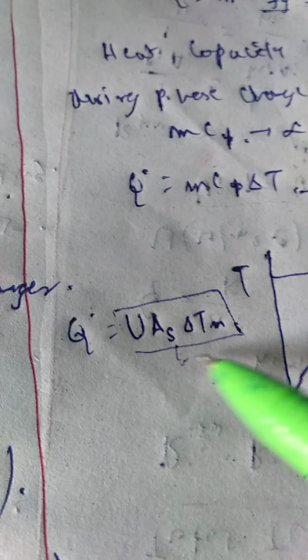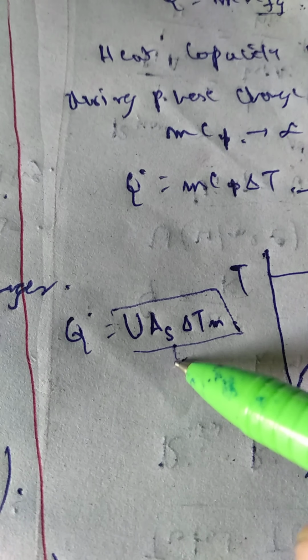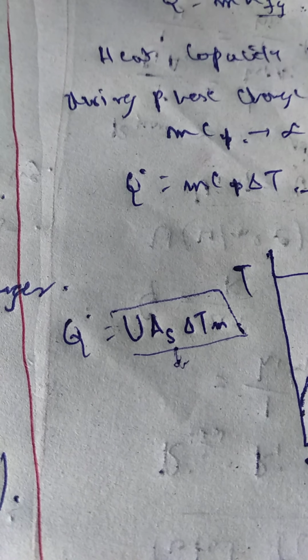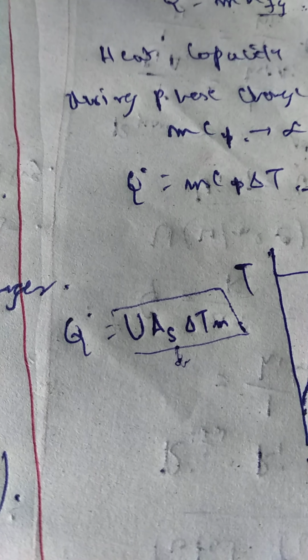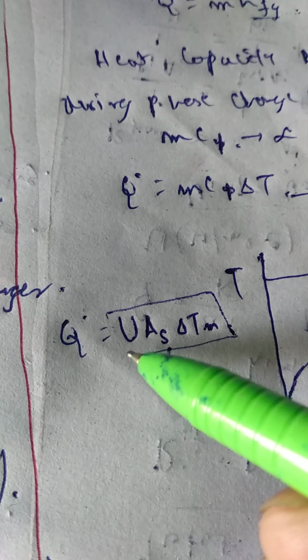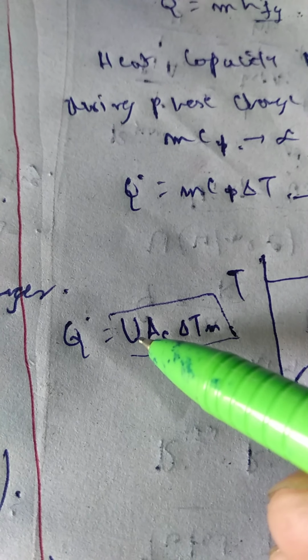This one you already know, this is the surface area, which can be determined from the dimensions of the heat exchanger. And this is the overall heat transfer coefficient.